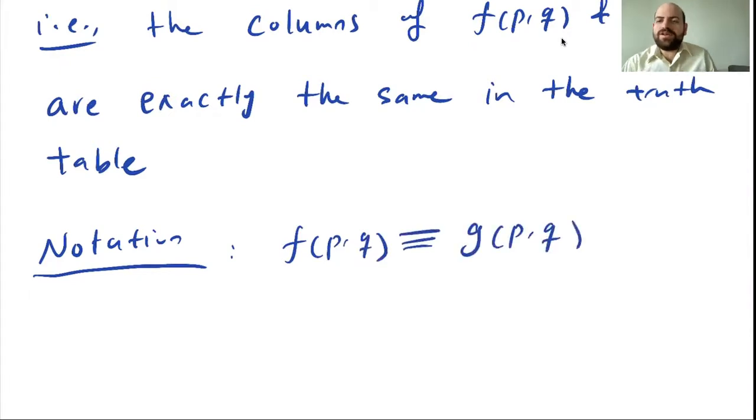So I hope that this notation of f of p and q is not confusing. I just say f of p and q because it could be any compound proposition.